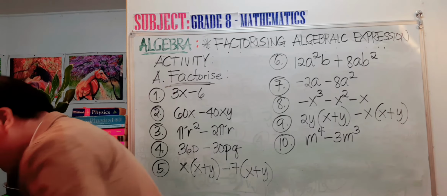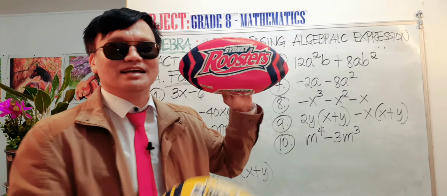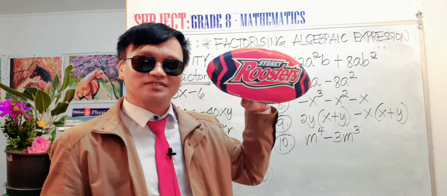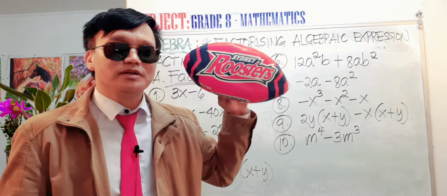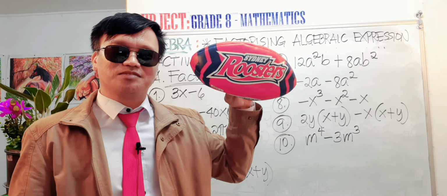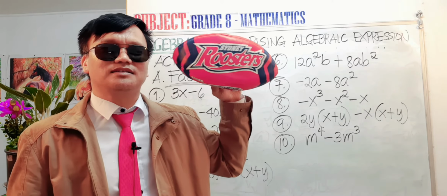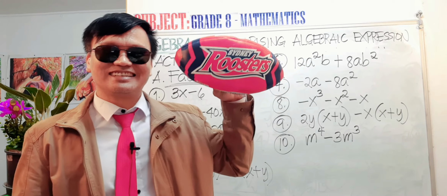My fourth collection of ball is, what is this? This is a rugby ball. If you are here in Papua New Guinea, you will notice that Papua New Guineans love rugby. They support different NRL teams.